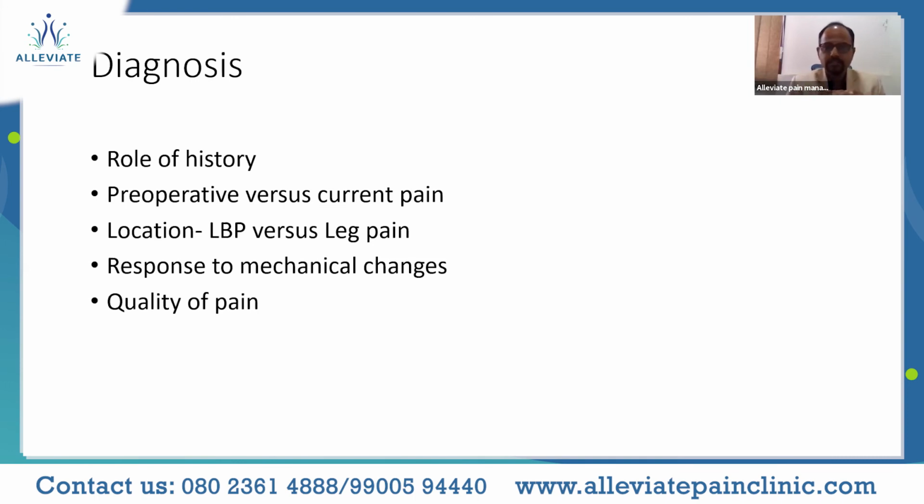Okay, and location, of course, whether it is purely the low back pain or the leg pain or low back pain with leg pain, and response to mechanical changes. This is nothing but evaluating the aggravating and relieving factors and the quality of pain. Again, you need to know whether it's a nociceptive pain or a neuropathic pain.